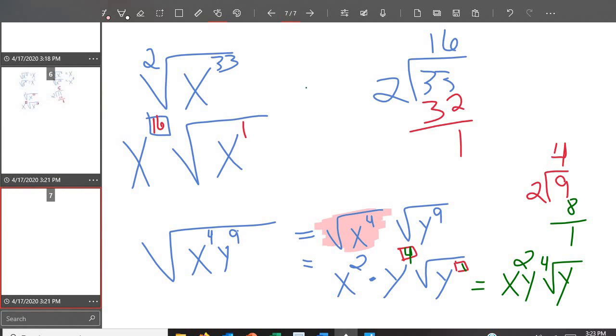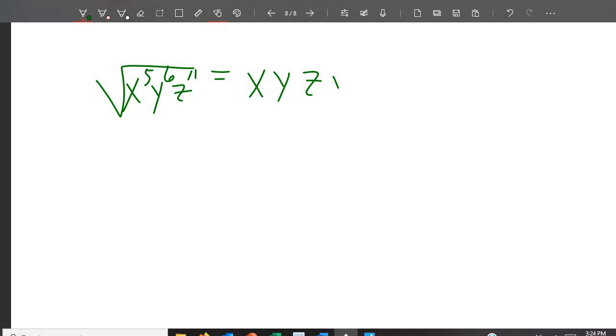We're going to do another one like this, and then we'll do some cube roots. Let's say we had square root of x to the 5th, y to the 6th, z to the 11th. Now, notice I've got x, y's, and z's. On the outside, we're going to have x's, y's, and z's.